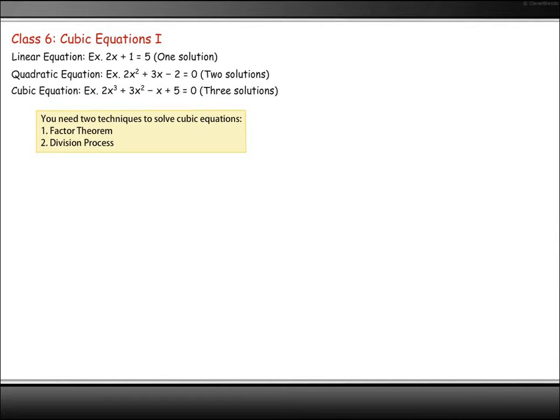In this class, you will study the factor theorem. The factor theorem is explained with an example of solving a quadratic equation. Solve x squared minus 2x minus 3 is equal to 0. Factorize the quadratic in the usual way.